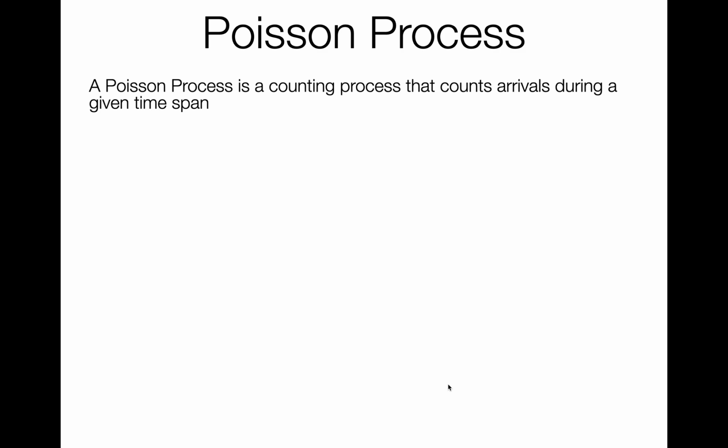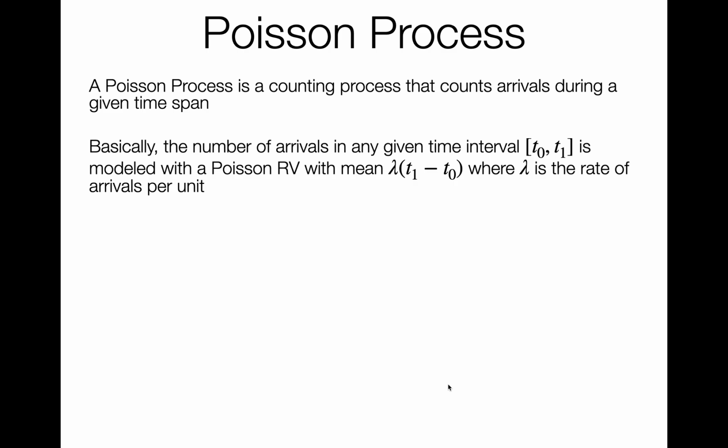So it's a counting process, and the term counting process has a formal definition: a process that counts arrivals, whatever arrival means, during a given time span. Basically, the number of arrivals in any given time interval, which we denote from t sub 0 to t sub 1, is going to be modeled with a Poisson random variable.